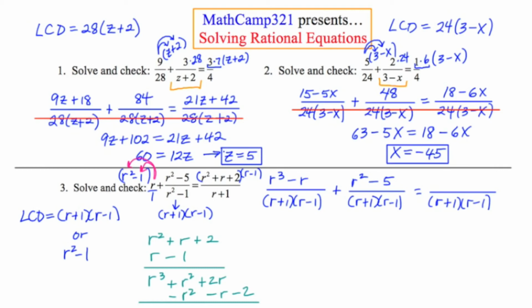So I'm left with r cubed, the r squareds cancel, plus r minus 2. So I've now rewritten each fraction so that they have the same denominator. And now the fun part, which is to cross out the denominators and solve the resulting problem that exists in the numerators. This is going to be r cubed minus r plus r squared minus 5 equals r cubed plus r minus 2.